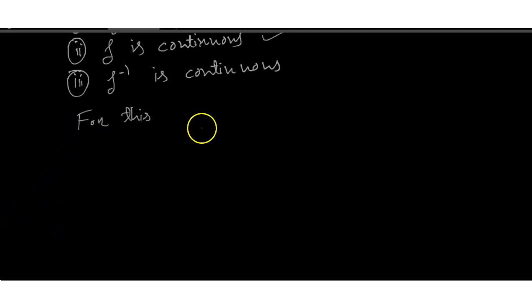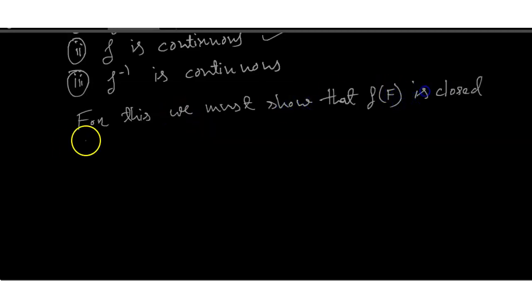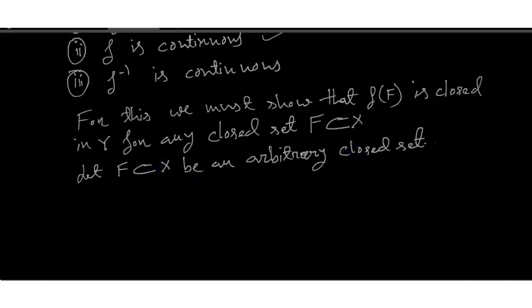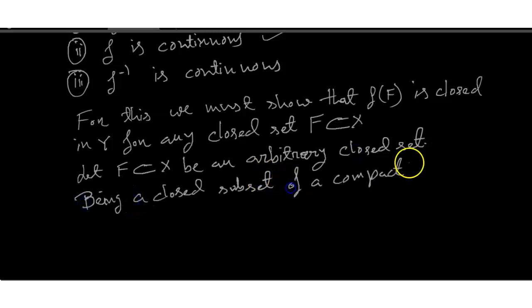For this we must show that f(F) is closed in Y for any closed set F subset of X. Let F subset of X be an arbitrary closed set. Being a closed subset of a compact set X, F is compact.